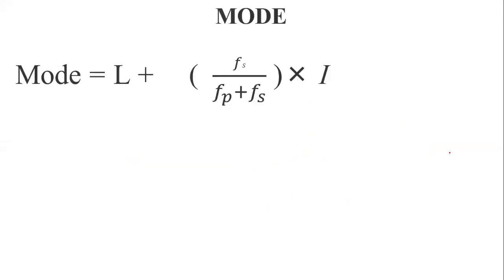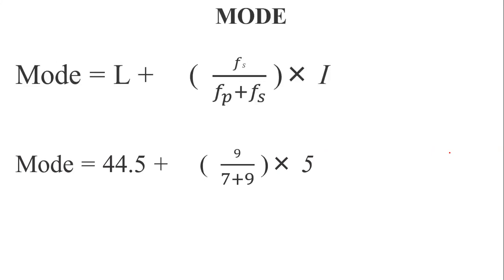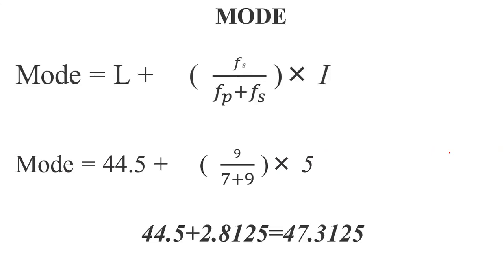So when we do that, we will have 44.5 plus 2.8125, which will give our mode as 47.3125. This is the formula for us to use when we are calculating the mode from class boundaries, our modal class.